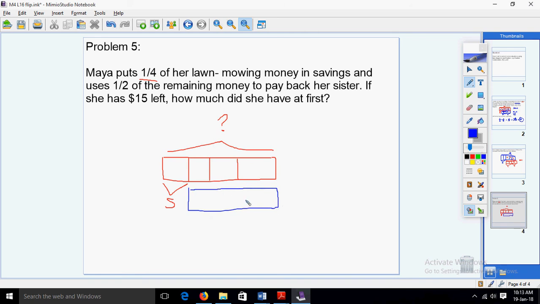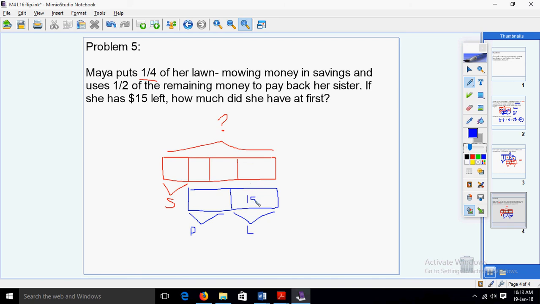Okay, there we go. Once again, I'm going to divide it into half. All right. So she uses half of the remaining to pay back her sister. Now, I'm going to go ahead and show one of these as payback sister. I'm going to put that as a P. And then this is what she has left. That's an L. Okay? So she has $15 left.